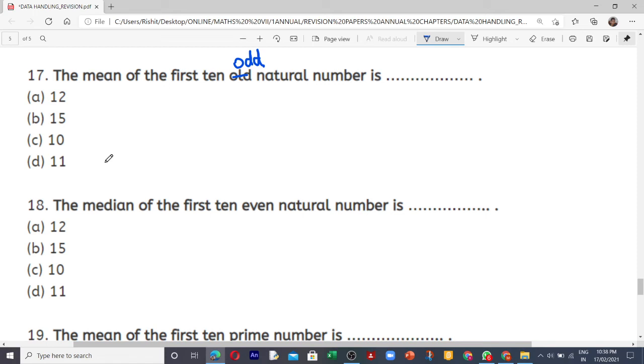Do it fast, children. Okay. Done, children? Is it done?